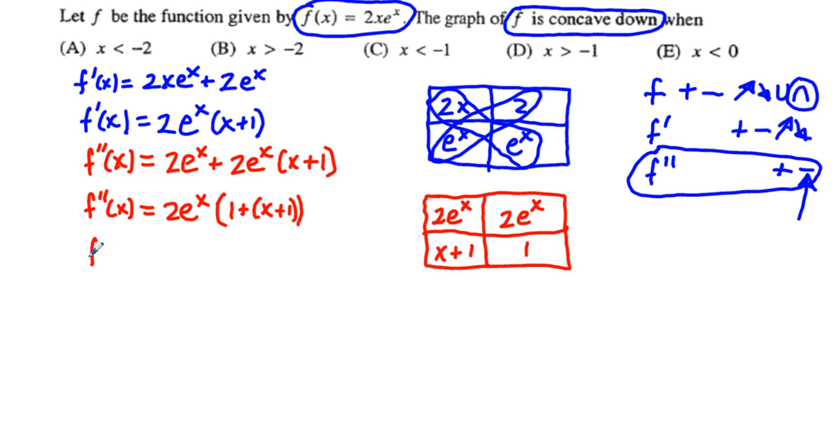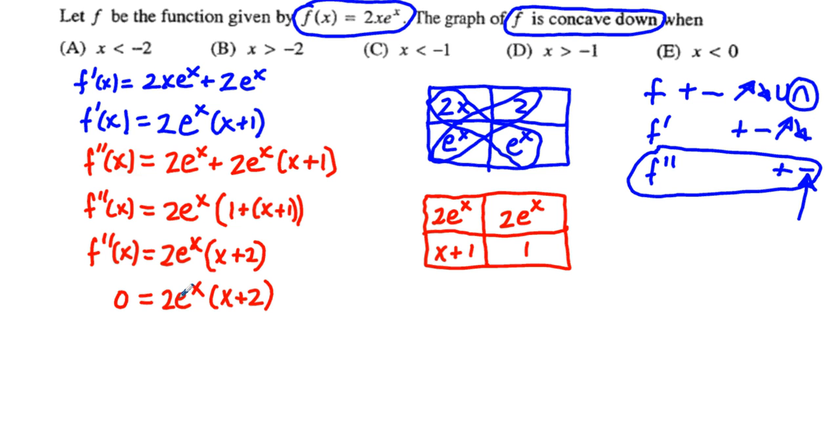And so, kind of finalizing this, f double prime of x is equal to 2 e to the x, and we're going to have 1 plus x plus 1 is going to be x plus 2. Now what we're going to do is set this second derivative equal to 0 to evaluate. So we put 0 equals 2 e to the x times quantity x plus 2.